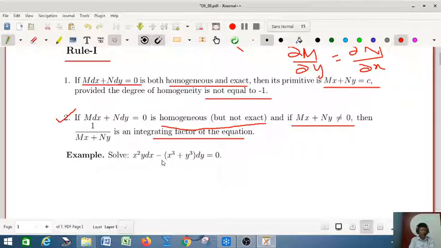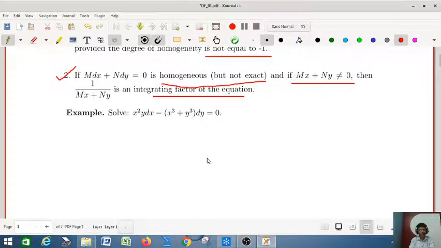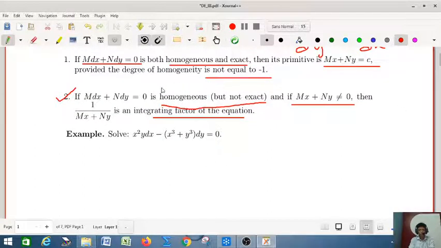So let's have a problem on that. So what was the conclusion? That if your first order first degree equation is homogeneous but not exact, and Mx plus Ny not equal to 0, then 1 by Mx plus Ny is an integrating factor of the equation.